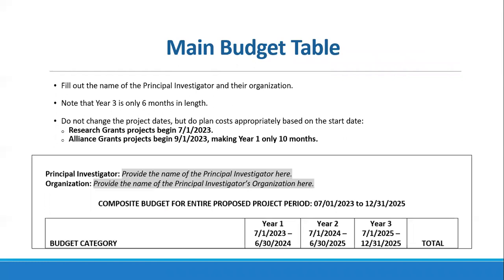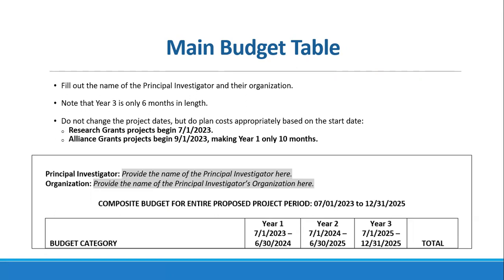All right, starting from the top in the main budget table. First and foremost, fill out the name of the principal investigator and the principal investigator's organization. And a note on principal investigators: with DPR, we have a slightly different definition than some institutions. And I'm going to reference a number of times today our terms and conditions, which all applicants need to certify that they've read and understood.